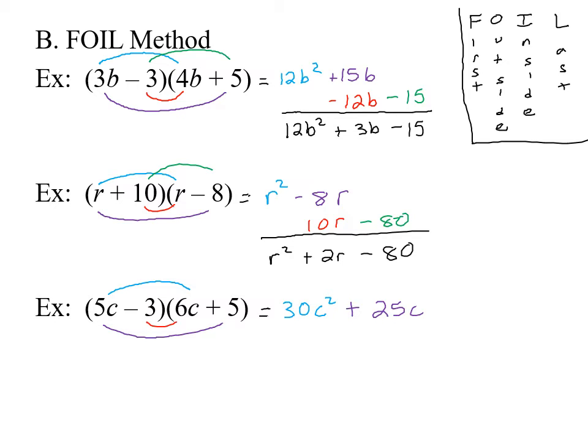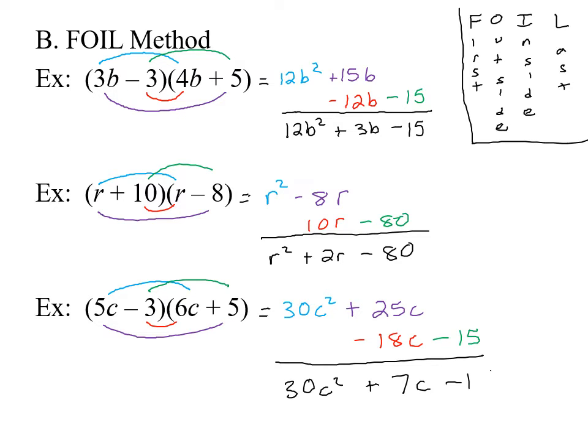The inside, 6 times 3 is 18. It's a minus 18 because of the minus sign in front. And the last one's 3 times 5 makes minus 15. Add them straight together, so we get 30c squared. 25 minus 18 is 7c, and a minus 15. And that would be your answer.